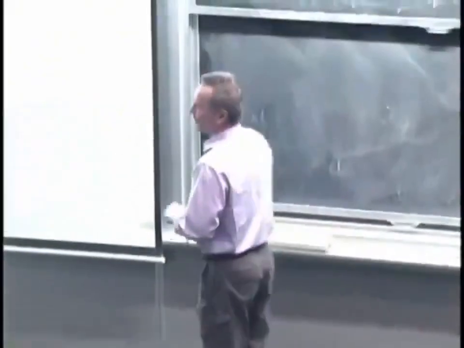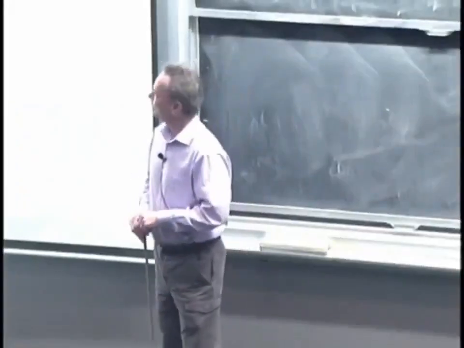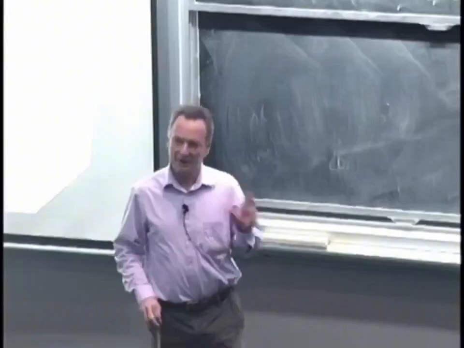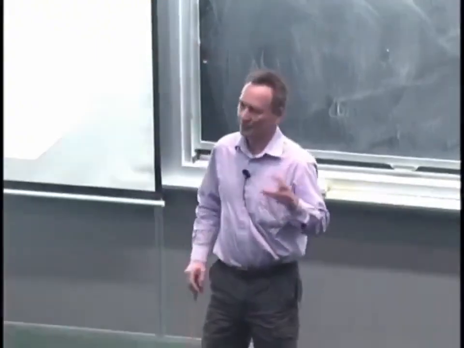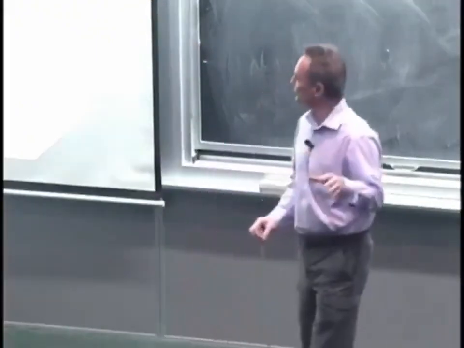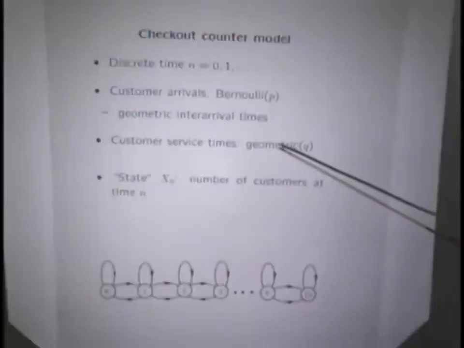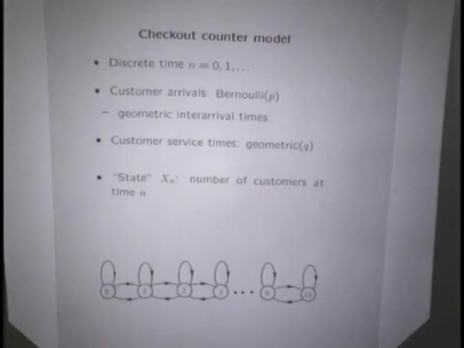In the real world, it has some probability distribution. Let's not care exactly about what it would be in the real world, but as a modeling approximation or just to get started, let's pretend that customer service times are well described by a geometric distribution with parameter q.